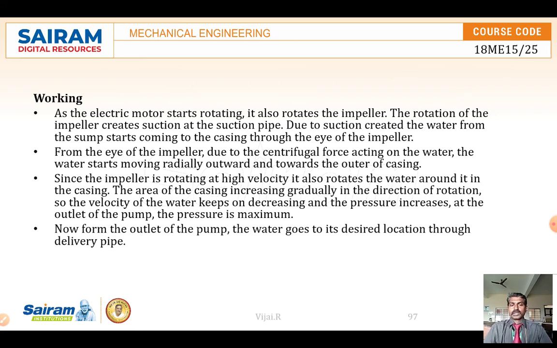Water gets inside, and the impeller rotates at high velocity and creates more pressure, so the pressure increases at the outlet of the pump. Due to the pressure increase, the water tries to go out of the high pressure, and the delivery pipe is used to take the high-pressure water to a certain height.